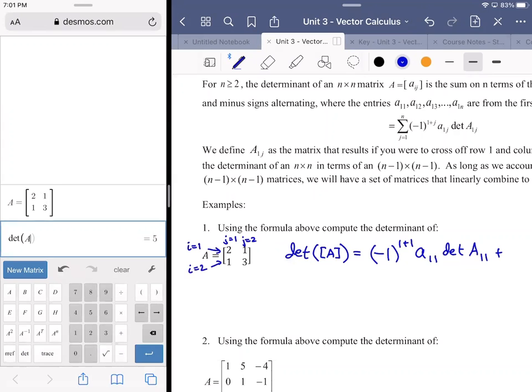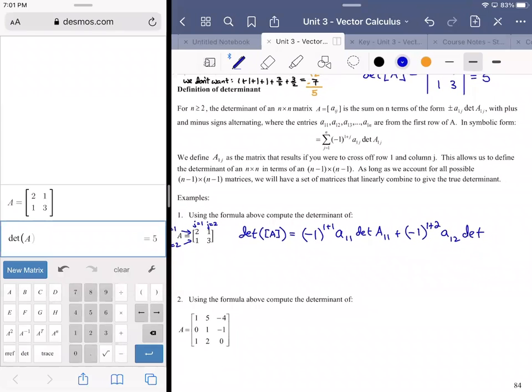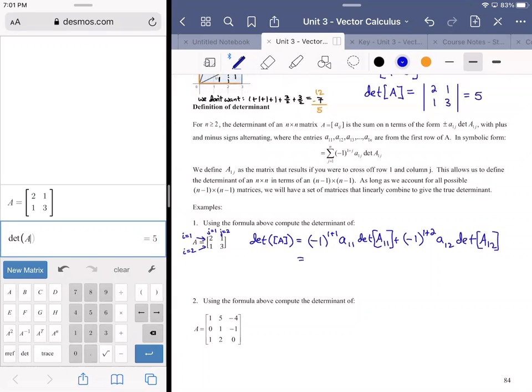All right. So just a little bit of a refresher. For the next entry, -1 to the 1 plus 2, a sub 1,2, determinant of a sub 1,2. Put that in brackets. So -1 to the second power is going to be a +1.